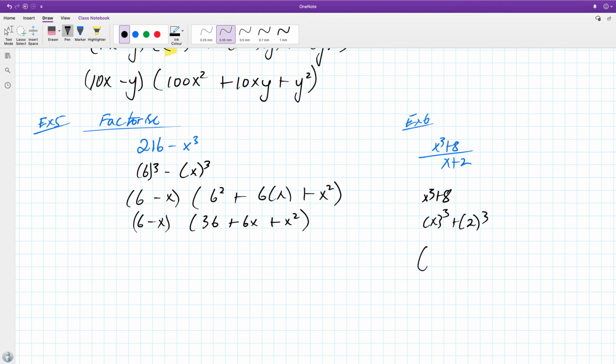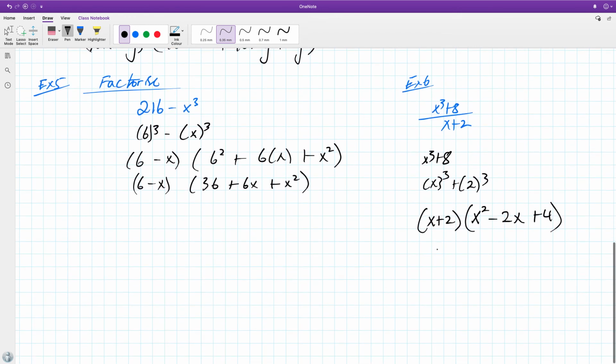That is x plus 2 times x squared minus 2x plus 4. Is that right? Then all over x plus 2.